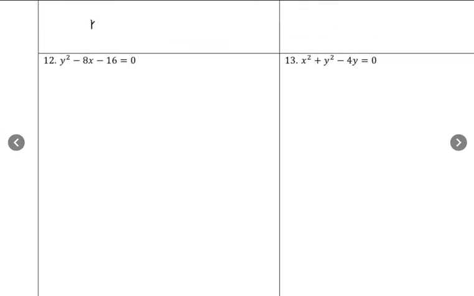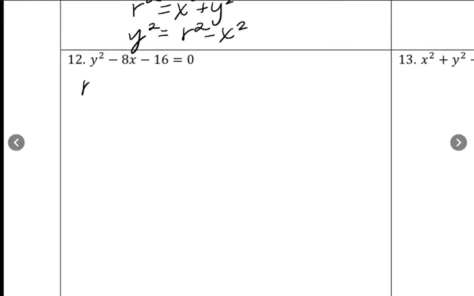I want you guys to think about this r squared equals x squared plus y squared, and I want you to rearrange it to say y squared equals r squared minus x squared. Because now we can substitute that in. And I know you're thinking, I would never go this route. But these are puzzles. You try things and you find out what works and you remember that method to try it again.